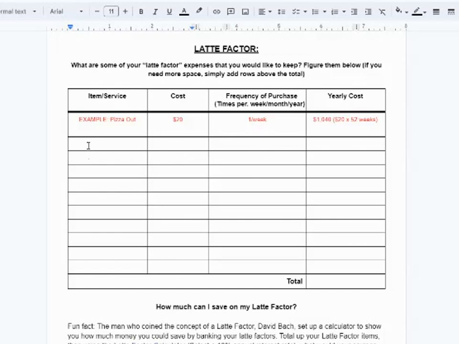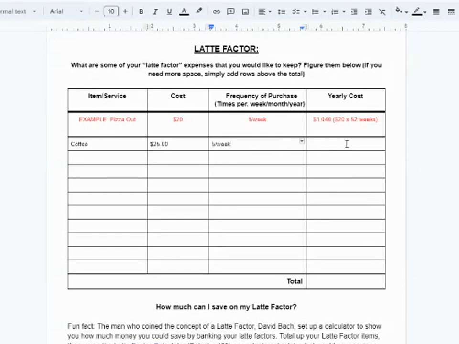So let's say coffee. I stop at Wawa at least 4 or 5 times a week while I'm working. Let's say it costs me $5 times 5 days a week is $25. So let's say my coffee expense is $25, and that's for 5 times a week.